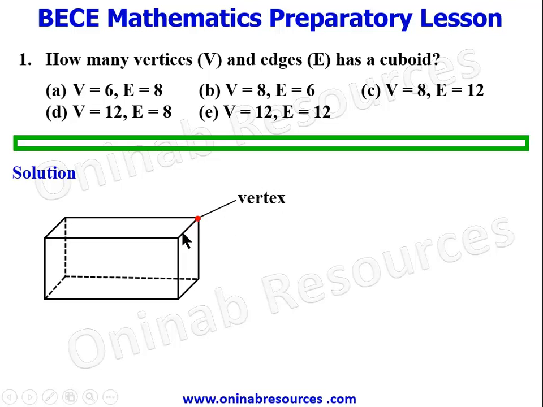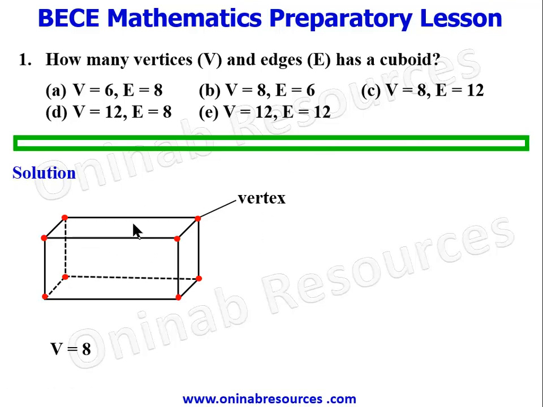And we are going to count the number of vertices we have in this cuboid. So this is 1, 2, 3, 4, 5, 6, 7, and 8. So we have V equal to 8, which means we have 8 vertices in a cuboid.